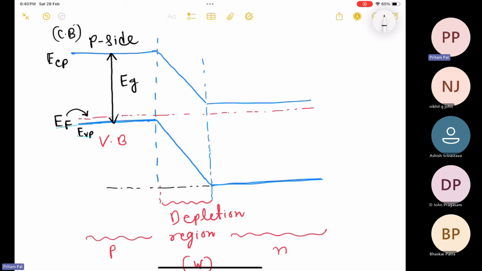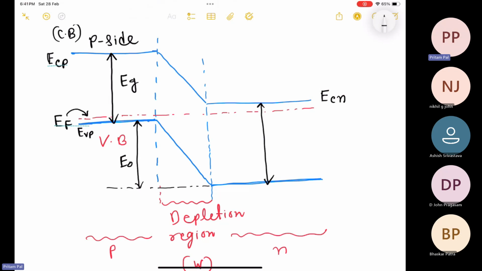You might expect problems in assignments or any competitive examination with a simple schematic like this. This is the valence band side, and let's say this is defined as E naught. On the other side, the doped side, we also have the same thing.